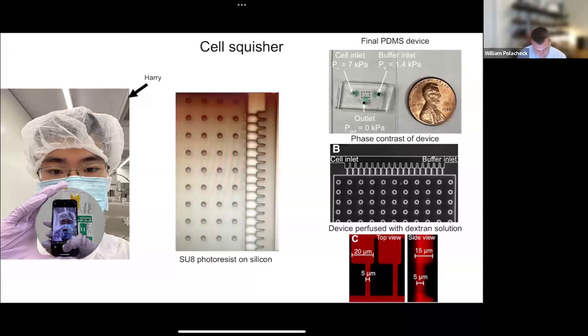But what Anya, who is not Harry in this picture, did was she took her masks and she went down to the clean room and she spun on that SU8 negative photoresist. And I should explain that term, spun on.